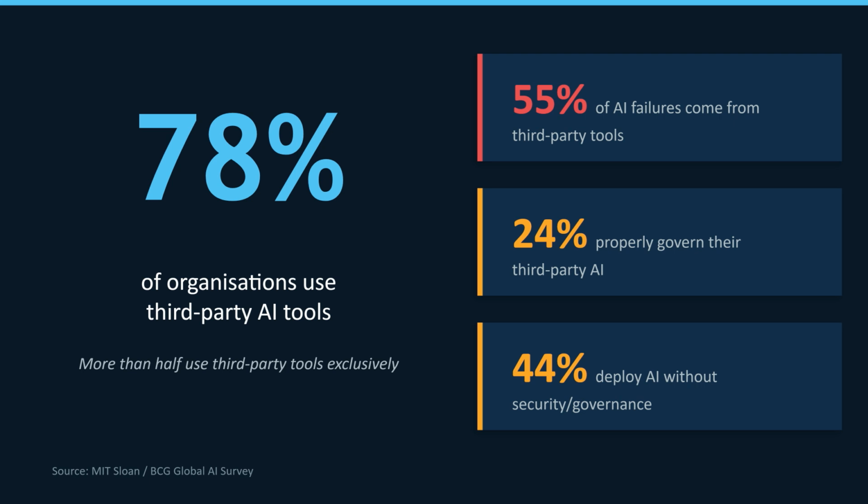Only 24% of organizations properly govern their third-party AI, and 44% have teams deploying AI without even involving security or governance groups. So the vast majority of the market is deploying AI they didn't build, can't see inside, and aren't governing properly, and they're about to be held legally responsible for explaining it.